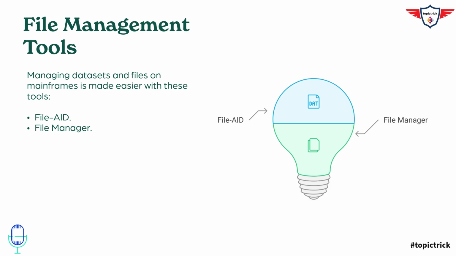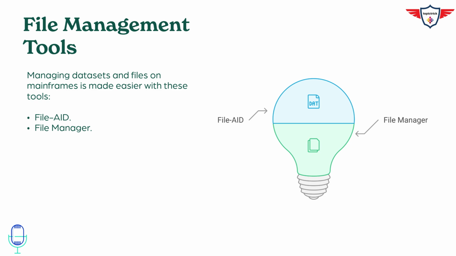Imagine trying to find a specific piece of information within mountains of data. It'd be like searching for a needle in a haystack. But fortunately, we have specialized tools like File-Aid and File Manager to help us navigate this data landscape. So these tools are like the organizers of the mainframe world, providing a way to easily search, edit, and analyze data.